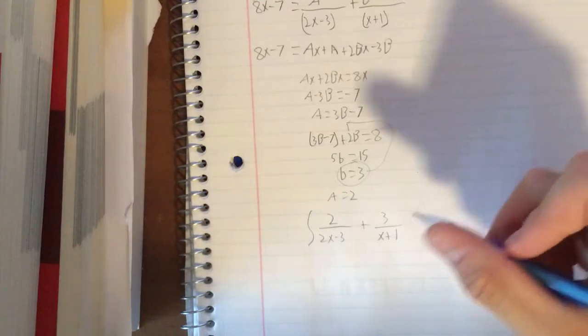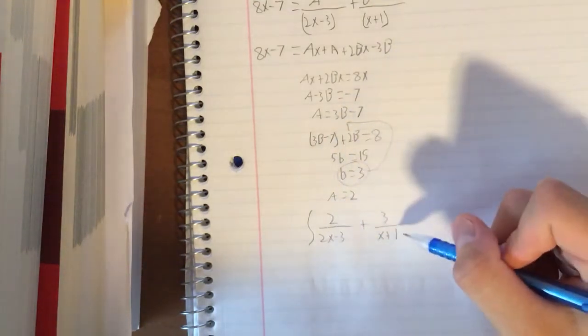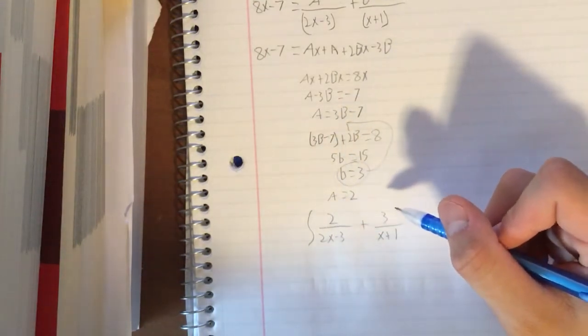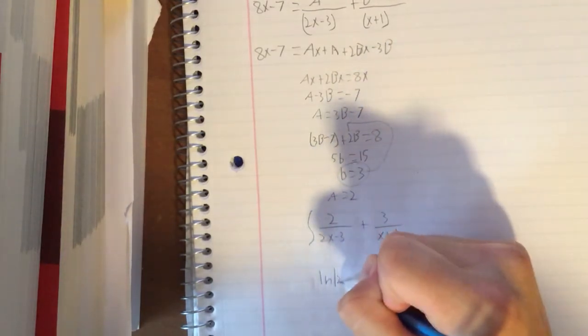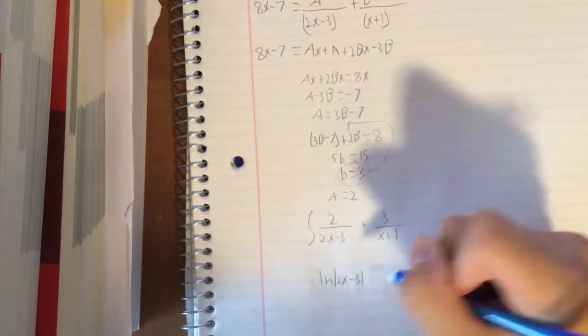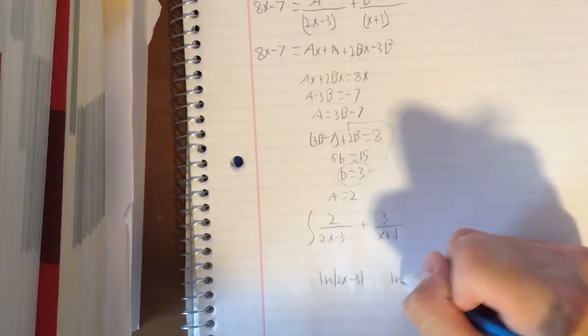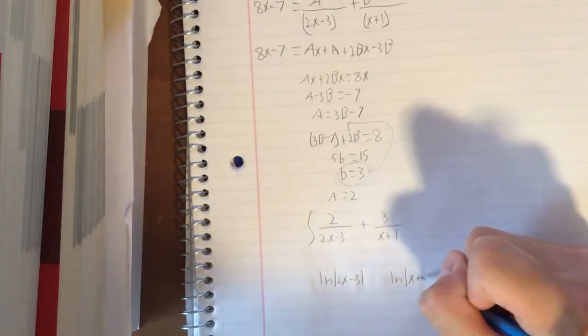And the integral of this, we know when the x is on the bottom, not raised to a power, it'll be the ln. So we do ln 2x minus 3 and ln x plus 1.